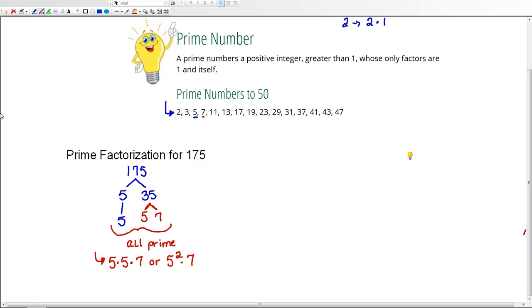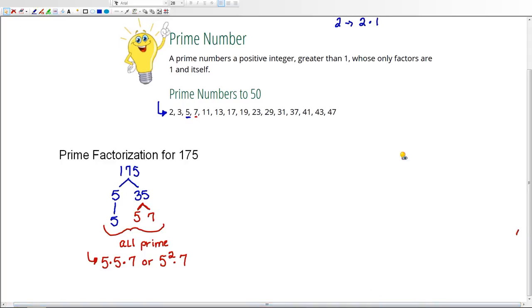Okay, now just to make sure that you're clear on how to do this, let's do one more example together. And this time we're going to find the prime factorization for the number 250. Another pretty large number, which is when we use factor trees the most. So 250 is my number, and I need to think of two factors, two numbers that I can multiply together to get 250.